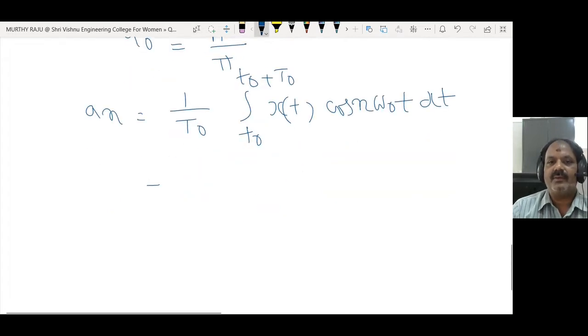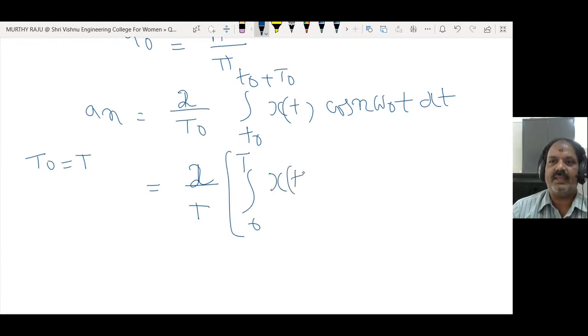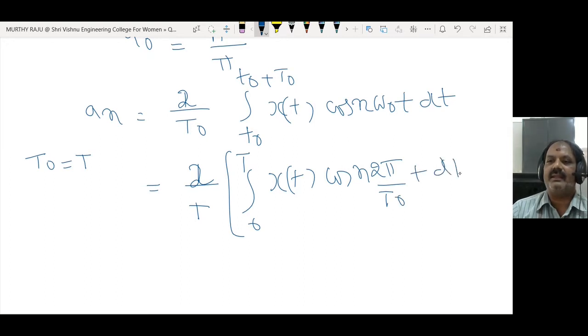Here, T naught is equal to capital T, so 1 by T naught becomes 2 by T. Small t naught is 0, and 0 plus capital T naught is capital T. So x of t cos n 2 pi by T naught t dt.